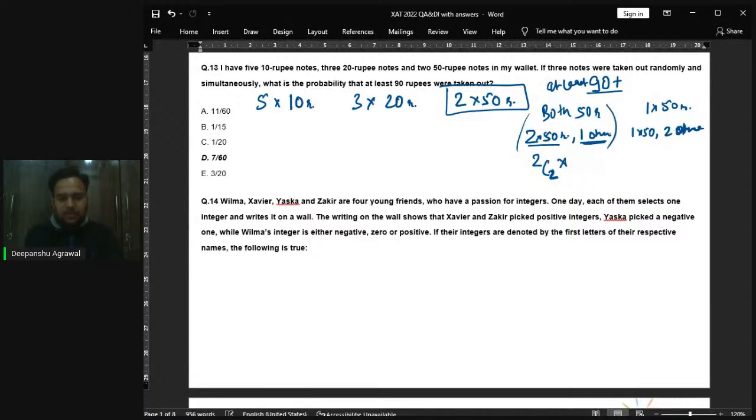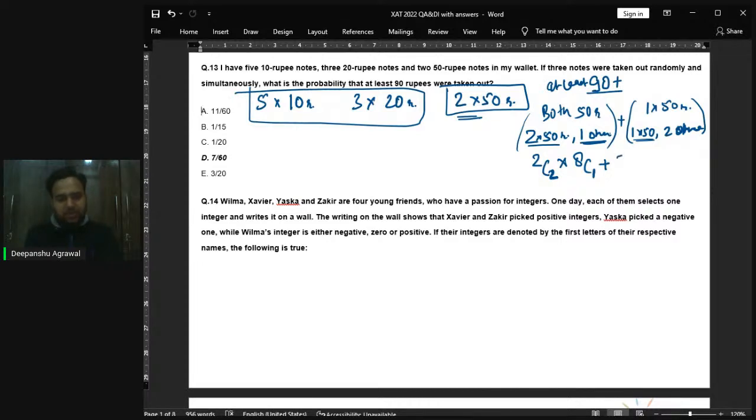Into, because we have to link this also in this case. I hope you know that between the cases we will use plus, but in between the parts of one case we'll use the multiplication. Now one other note I want to have from available 8 notes. We have 8 notes available. So 8C1 would be the selection of the other note. Plus, we have to select one 50 rupee note out of these two available in the second case.